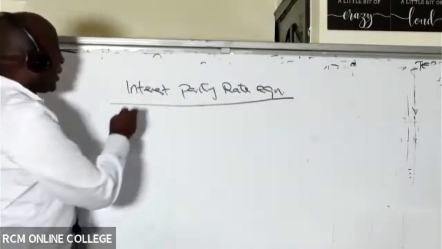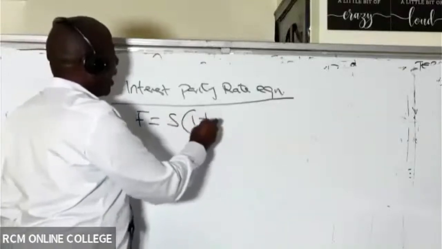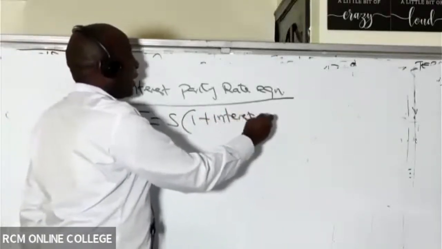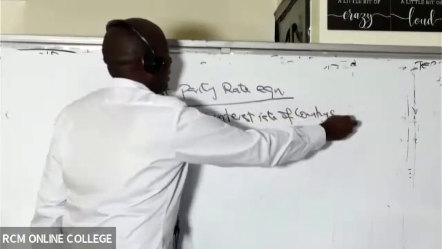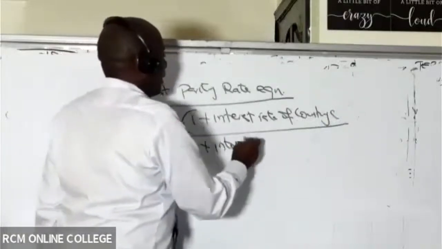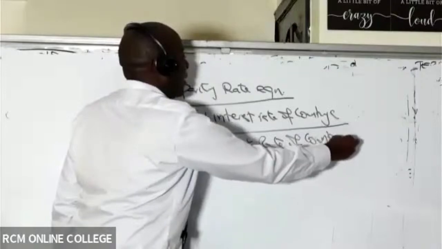So we normally say that F equals S into 1 plus interest rate of country C all over 1 plus interest rate of country B.